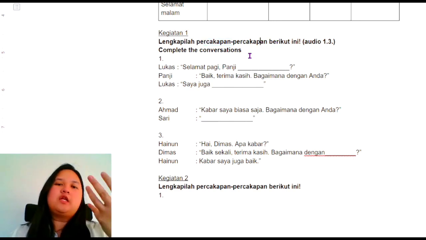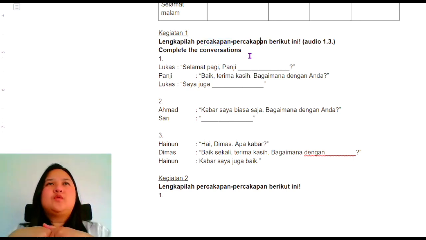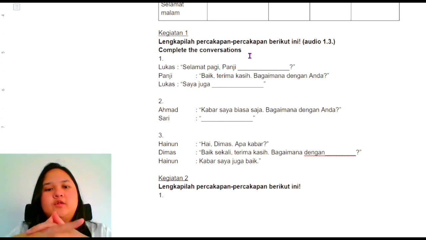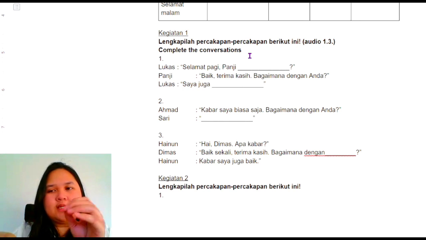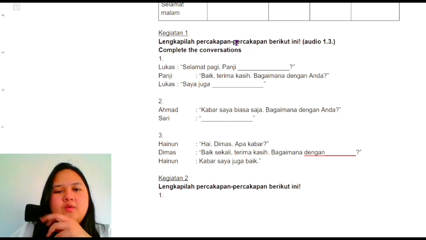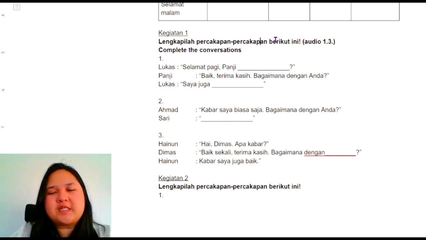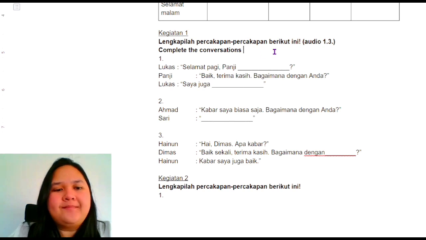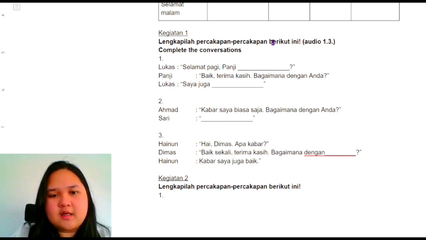But in Indonesian, if we want to express plural, you can do it two times. So percakapan-percakapan means plural, conversations. So complete the conversations following this, berikut ini.